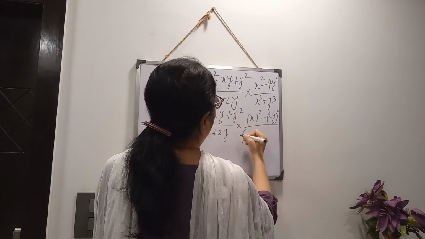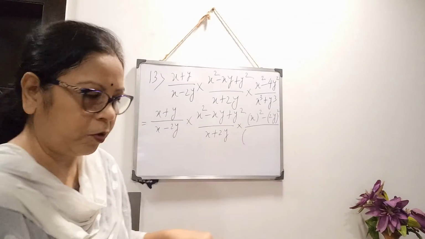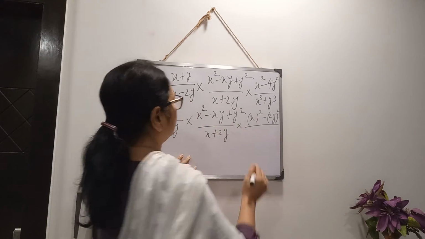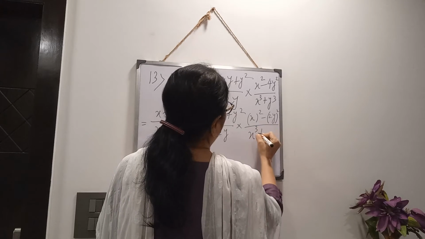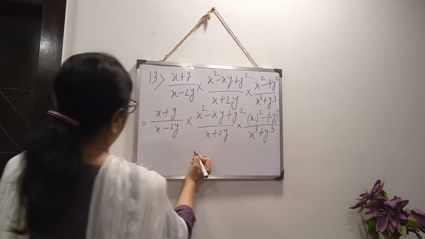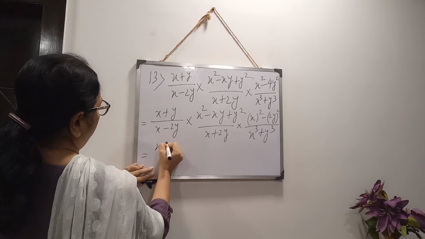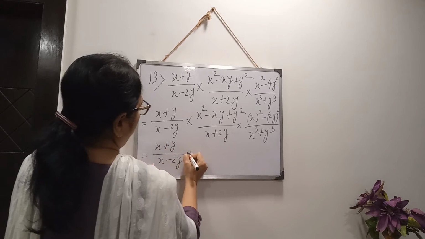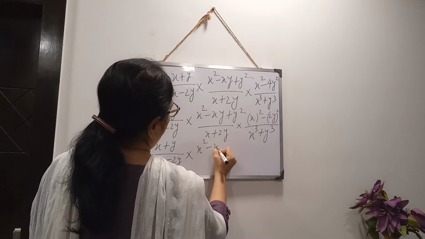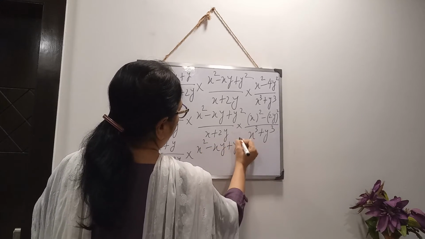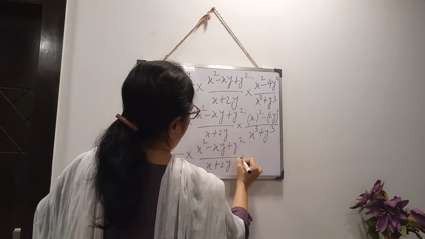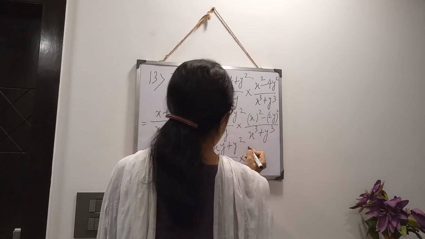What is the formula? Okay, next step I will write down the formula together. It is a square minus b square form.